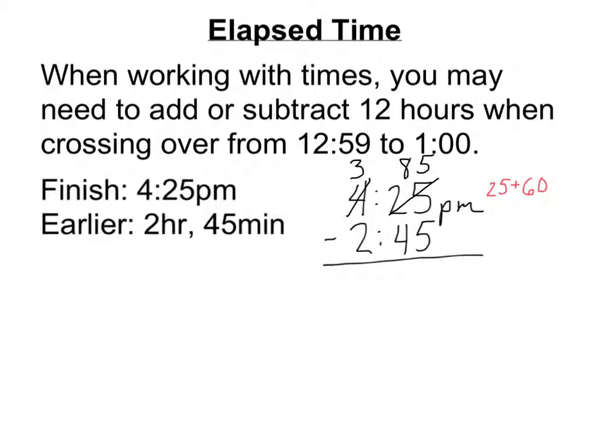And now we're able to subtract. 85 minus 45 is 40, and 3 minus 2 is 1. So what time would it have been? 1:40 p.m.